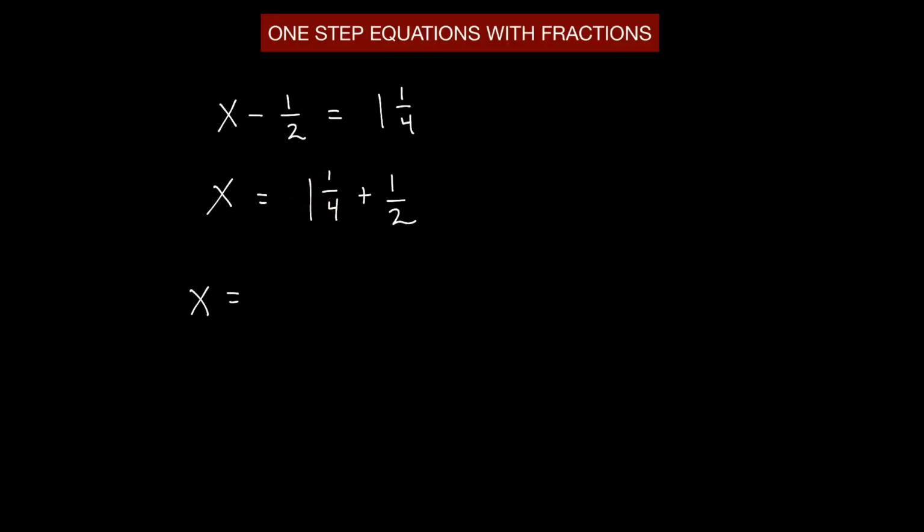So we get x equals 4 times 1 plus 1 is 5, so 5/4 plus 1/2. Now doing our vertically and crosswise, for our numerator we get 5 times 2 plus 1 times 4. For our denominator, 4 times 2. We simply multiply straight across.